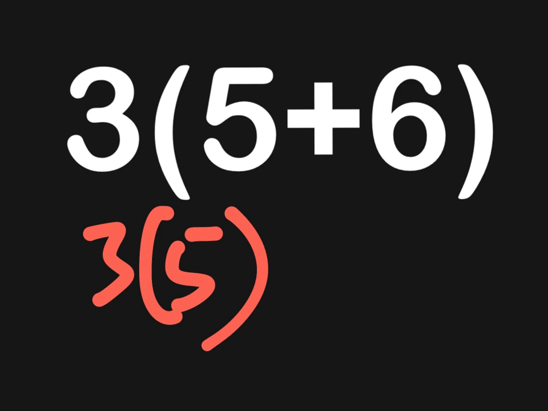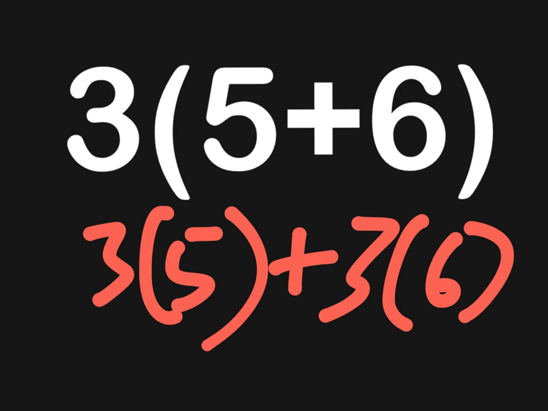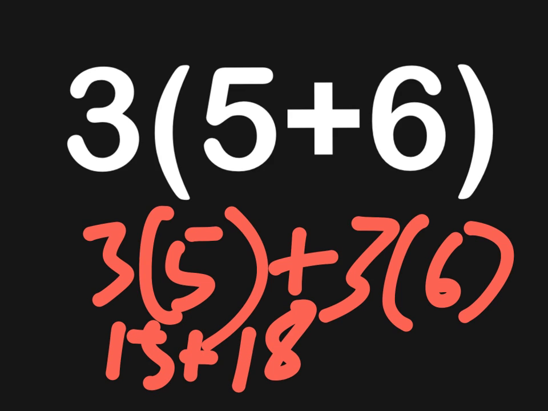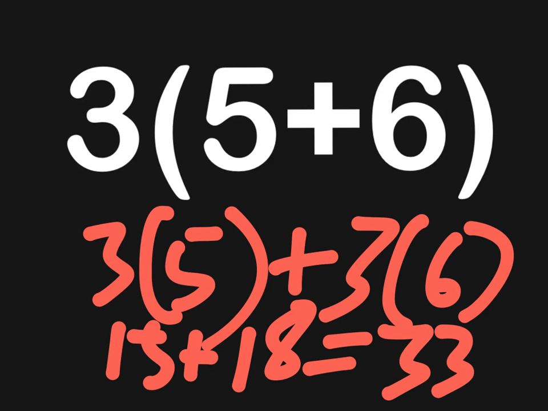What you would do first is you make the 3 go right into the 5, like that, plus the 3 times the 6. So that would equal 15 plus 18. And JJ says that 15 plus 18 equals 33. Is that correct, TJ? Yeah.